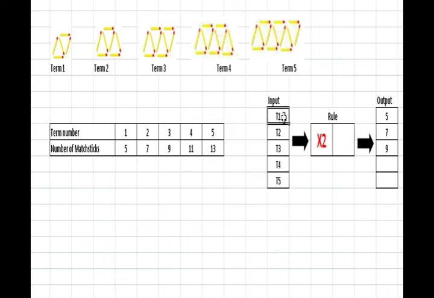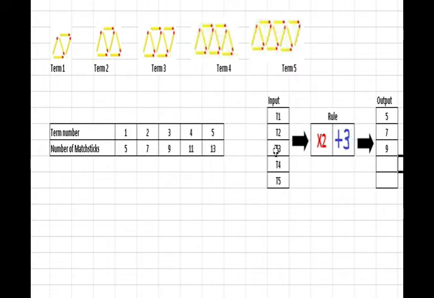At the moment, 1 times 2 is 2, which means there's only 2 matchsticks. I need to add more to this rule. So if 1 times 2 is 2, I need to add 3 more to 2 to give me 5 matchsticks altogether. Can you see that?